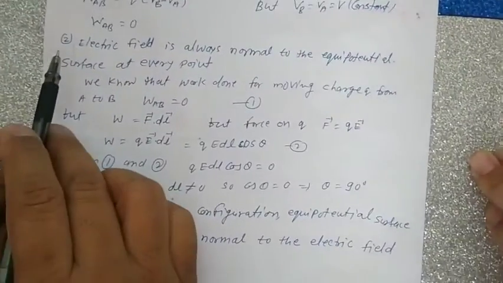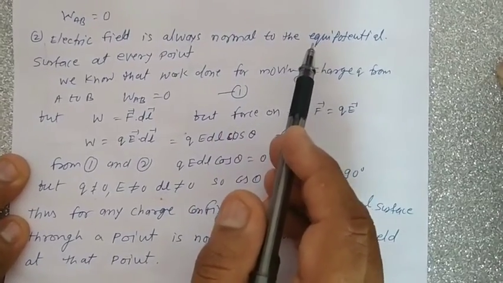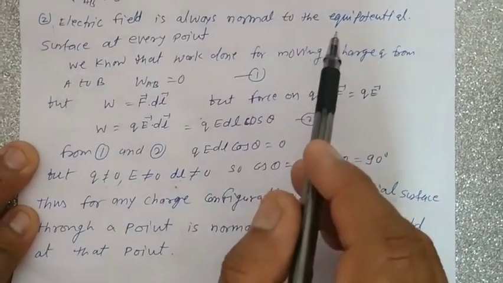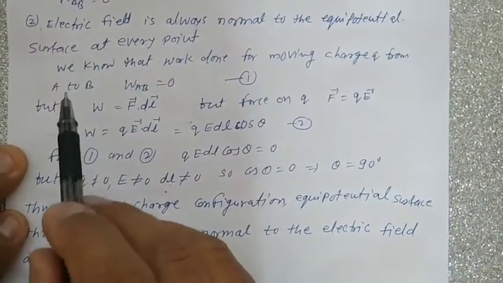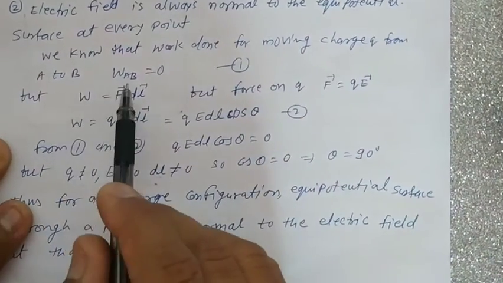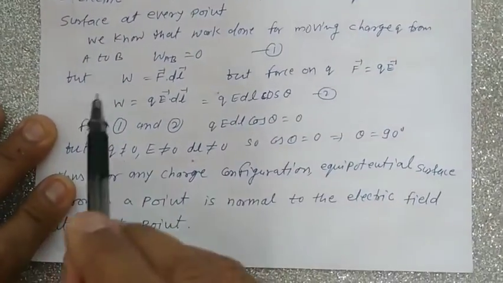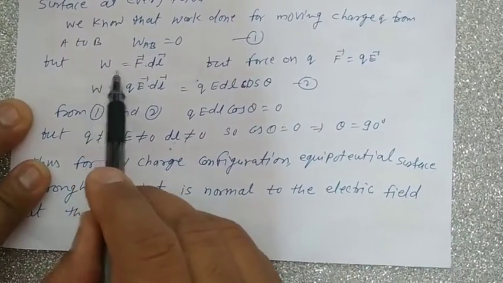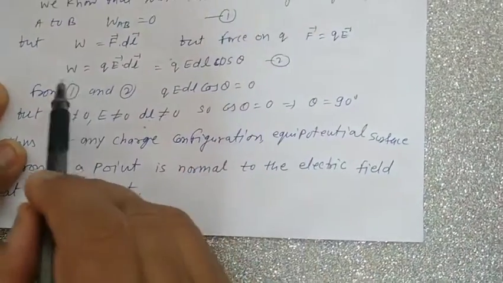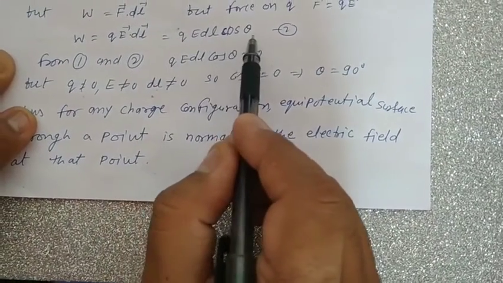Now the second important property: electric field is always normal to the equipotential surface, meaning the electric field is always perpendicular, at 90 degrees, to the equipotential surface at every point. We know that work done by moving charge Q from A to B, W_AB equals 0, as we discussed earlier. But by definition, W equals F dot dl, and force on Q, F equals QE, so W equals QE dot dl, which is QE dl cos theta.